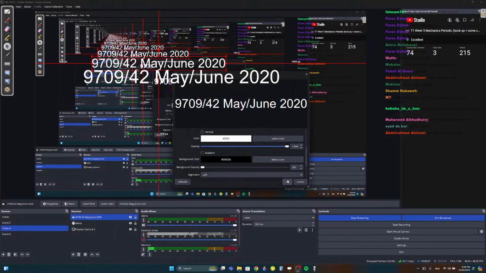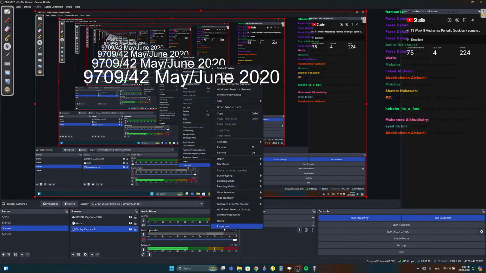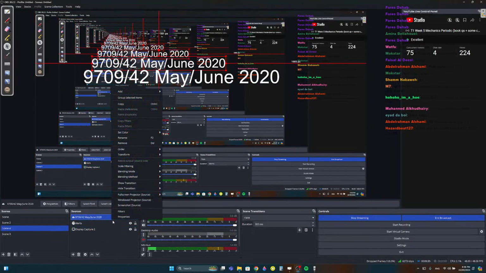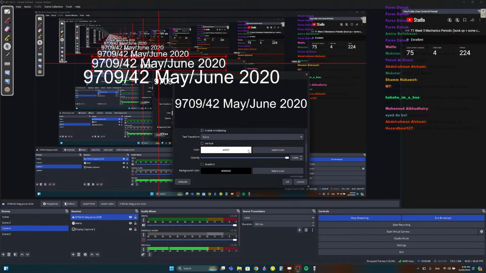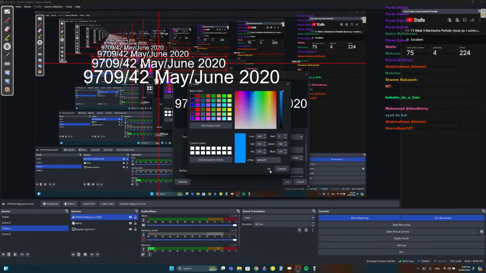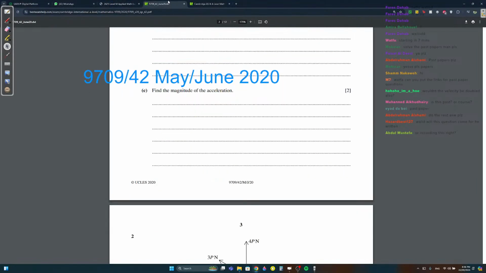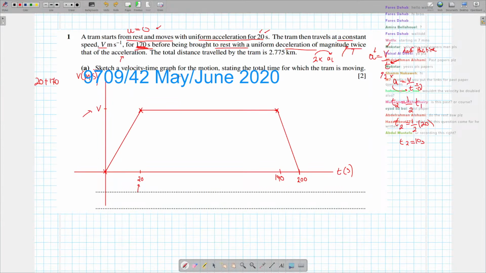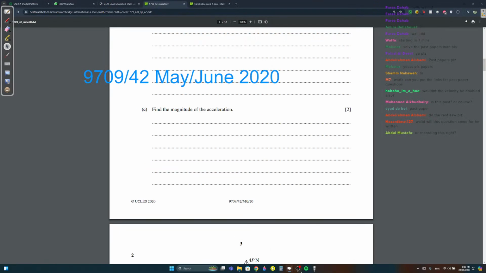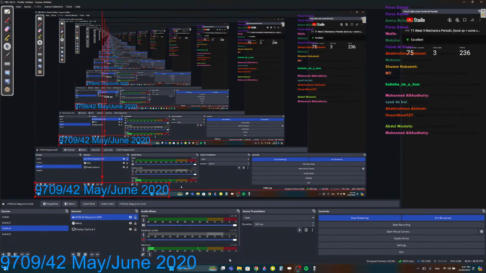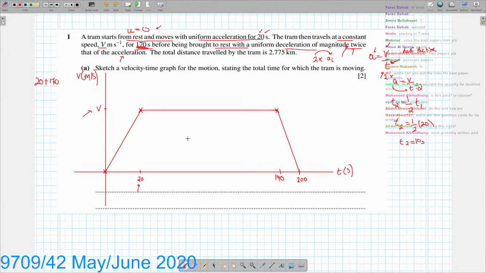How do I change properties? Okay, color here. Okay, like this. This is the solution. Let me put it down here. This is the solution over here.